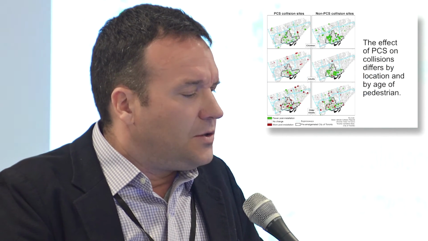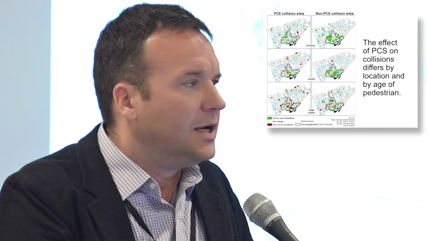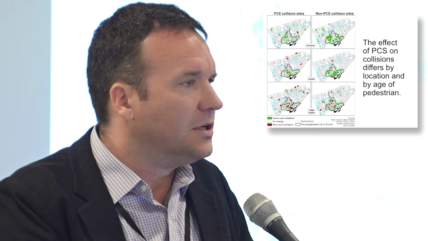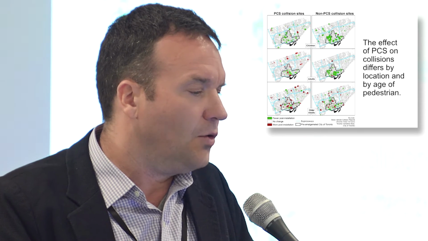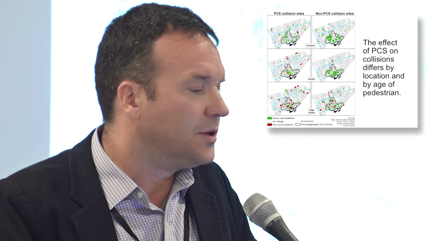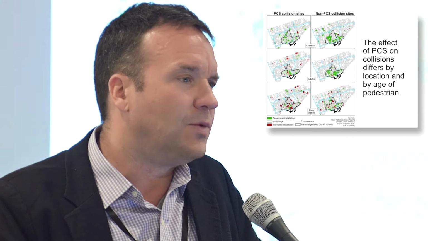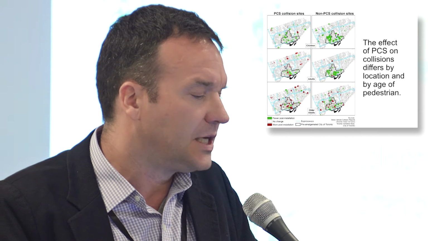What we tried to do is look at, for all adults, for children, and for older adults, what happened pre to post with the pedestrian countdown signals region by region, and then compare that to what happened with the non-PCS sites.